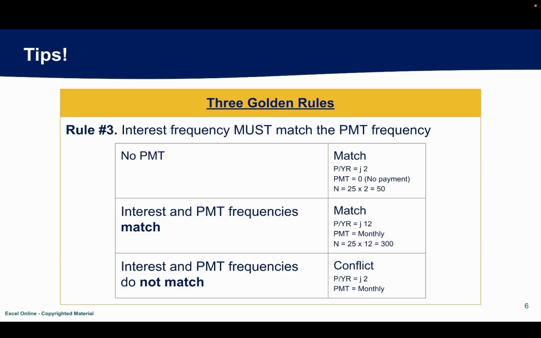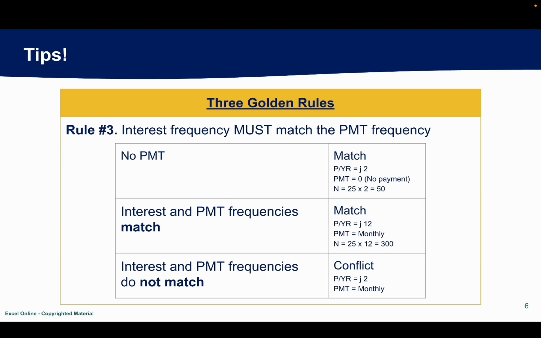The third possibility is when the interest frequency is different from the payment frequency. So there is a conflict. For example, the interest rate was 10% per year, J2, but the payments are made monthly.